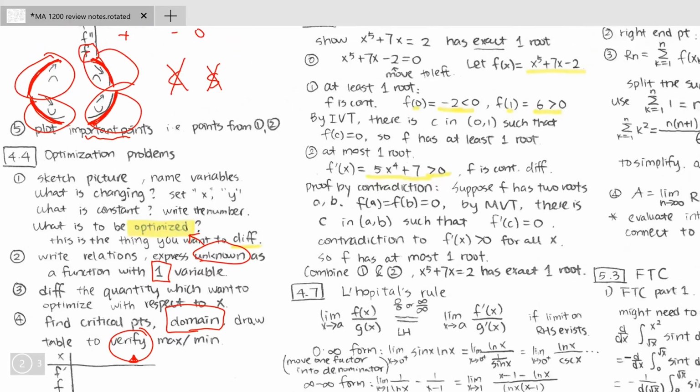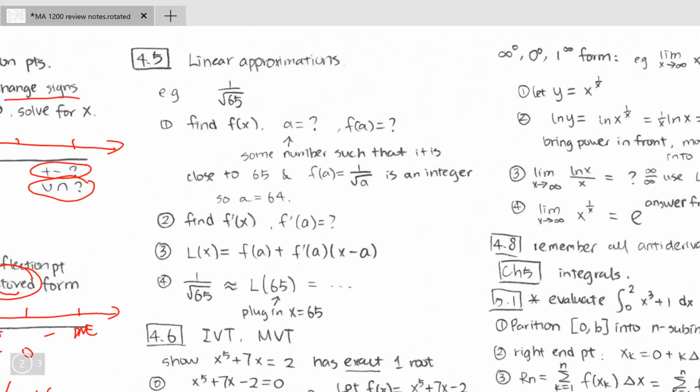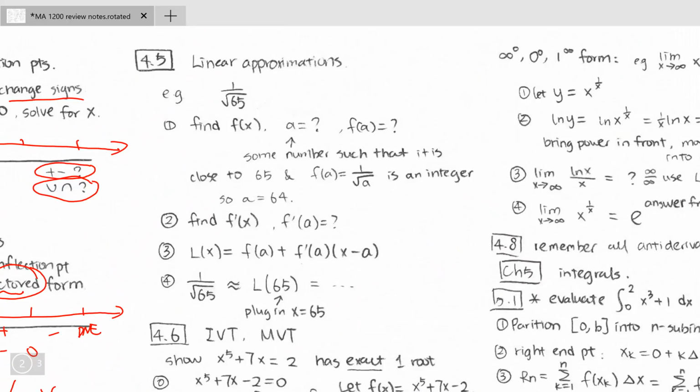Okay. And then in section 4.5, we talk about linear approximation. So here are the 4 steps. The first step, you're going to define your function and find the number a. The number a is a good number that is close to our x. x is 65, okay?